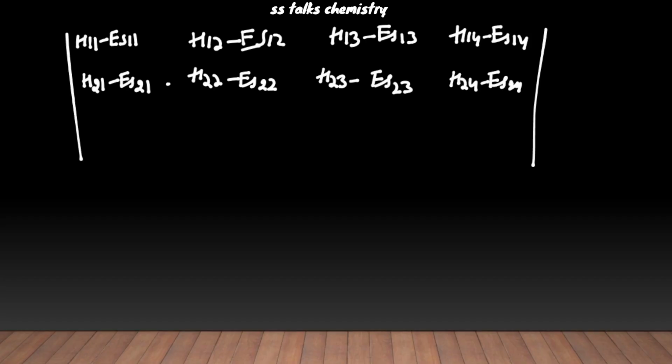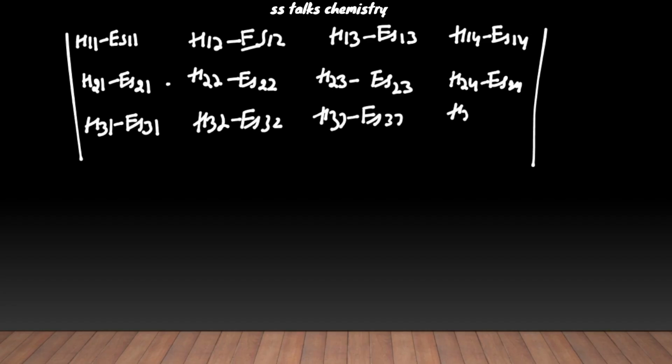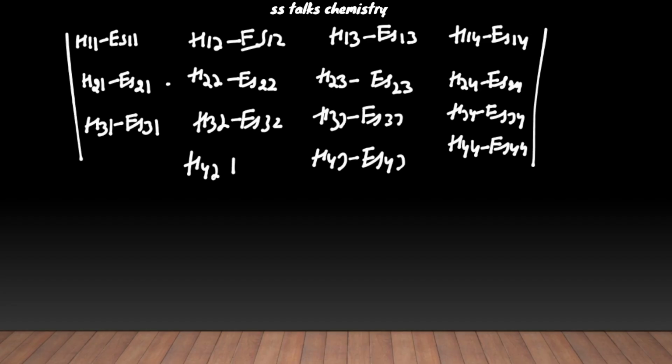Next, H31 minus ES31, H32 minus ES32, H33 minus ES33, H34 minus ES34, and in the last row H41 minus ES41, H42 minus ES42, H43 minus ES43, H44 minus ES44. So this is the determinant, and it is equated to 0.